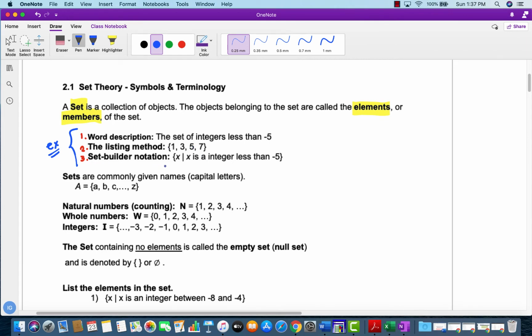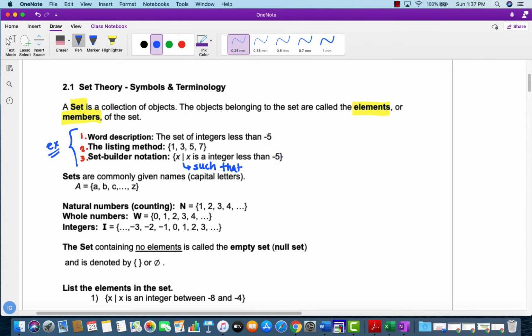And the set builder notation, not sure if you've seen this before, but it starts with a brace, and then it has this straight line after x. So x, this straight line means such that, I'll write it right here, such that x is an integer less than -5.